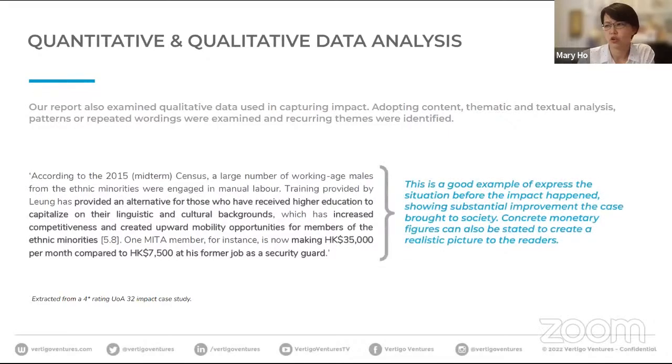Again, this is a good example to express the situation before the impact happened, showing the substantial improvements the case brought to society, but also to the industry. And you can see in the last sentence that the concrete monetary figures it describes can create a realistic picture for the judging panels, or even for readers like us.